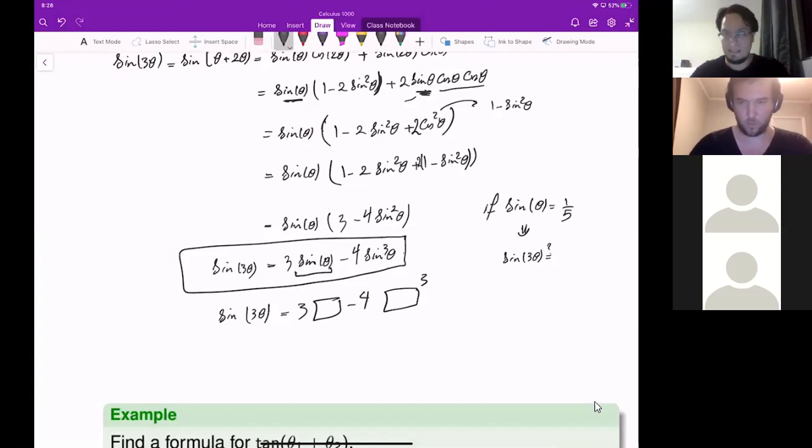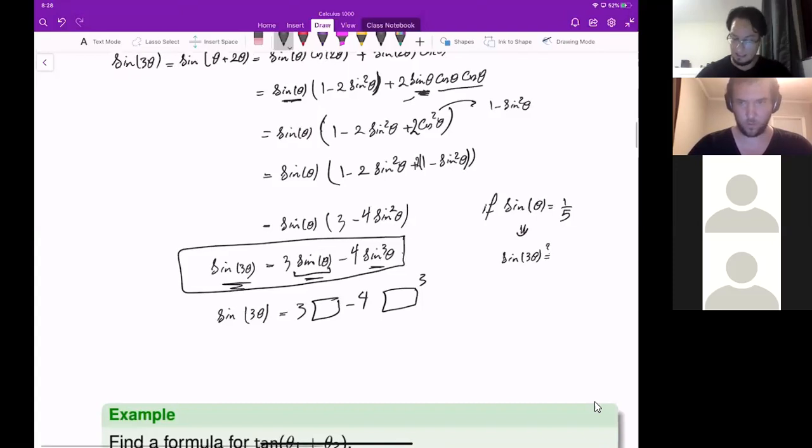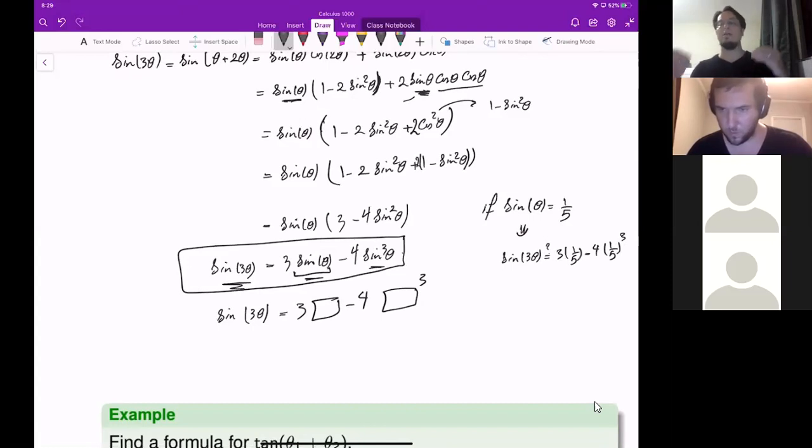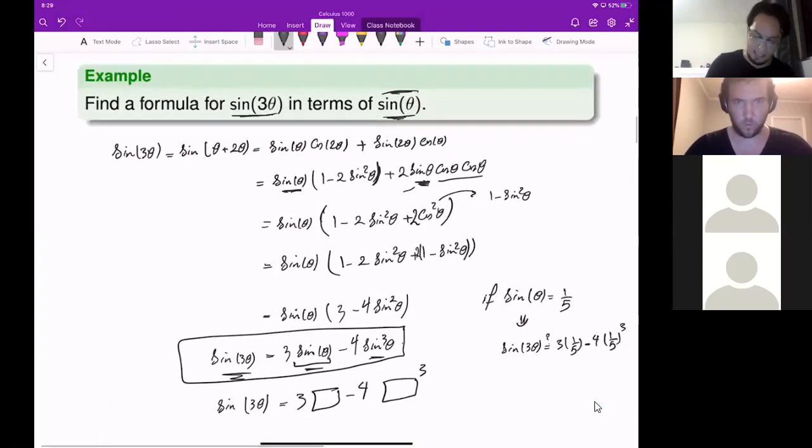I don't know what 3 theta is, or what theta itself is, but since I have a formula for sine of 3 theta in terms of sine of theta, I would just go ahead and write 3 times 1 over 5 minus 4 times 1 over 5 to the power 3. So I found sine of 3 theta just by knowing sine of theta. That's what it means: finding a formula for sine 3 theta in terms of sine theta.